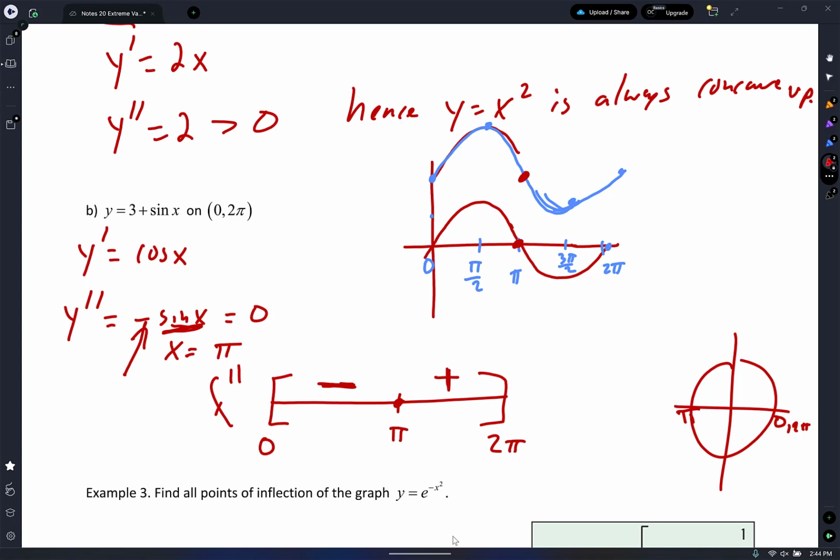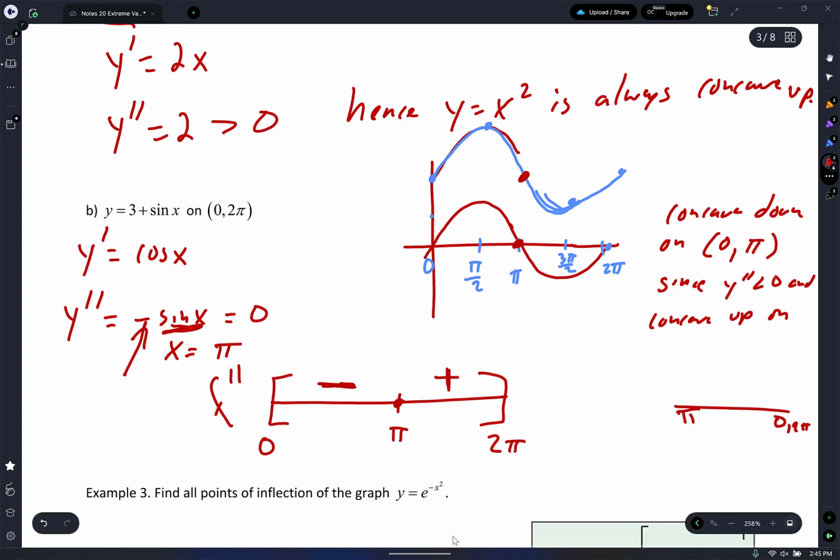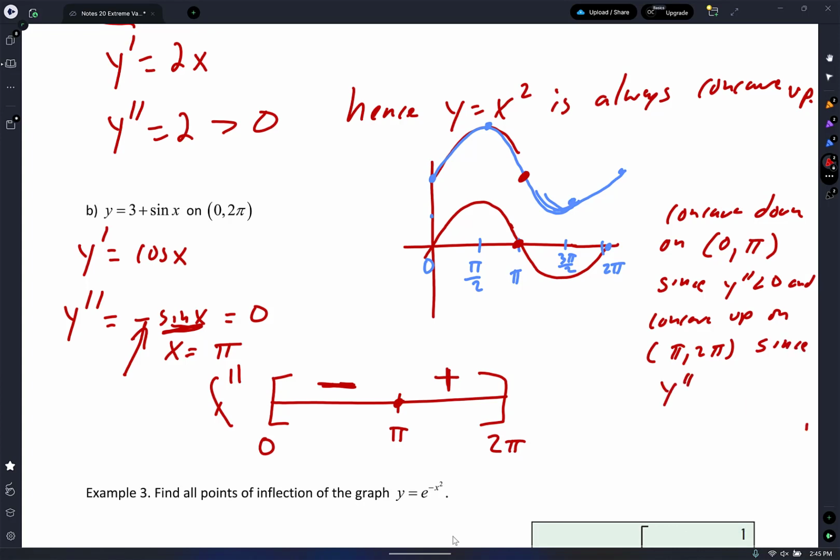So I'm going to write concave down on parentheses 0 to pi. Use parentheses when it's talking about concavity. Since y prime prime is negative, and concave up on, let me erase this unit circle, on pi to 2 pi, since y prime prime is positive.